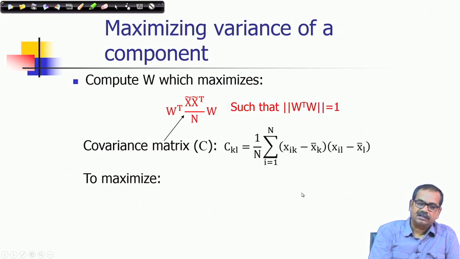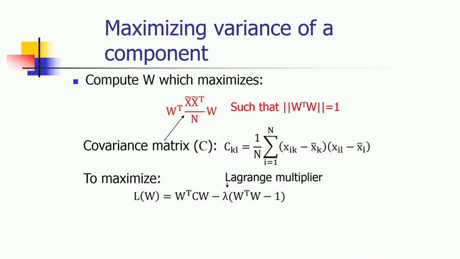So, the objective function for maximizing the variance is to maximize a function of the weight vector W, or the unit direction W, which maximizes this quantity. But there is a constraint.